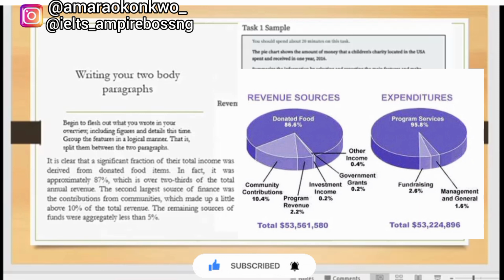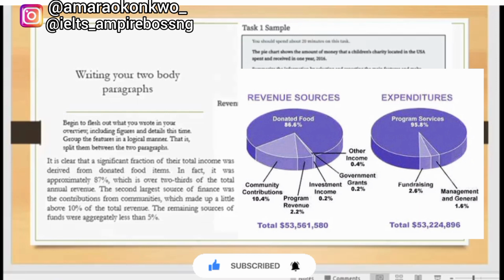Now that we are talking about two pie charts, it's very easy to decide to talk about the revenue in one body paragraph and then talk about the expenditures in the second body paragraph. Now, someone else can choose to split these main features in their own way. So whatever way is comfortable for you to split the features so that it becomes easier for you to talk about, please go ahead and work with it that way.